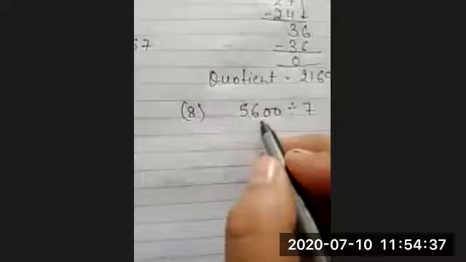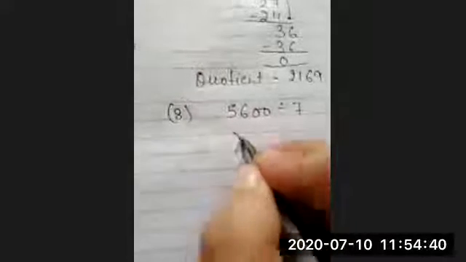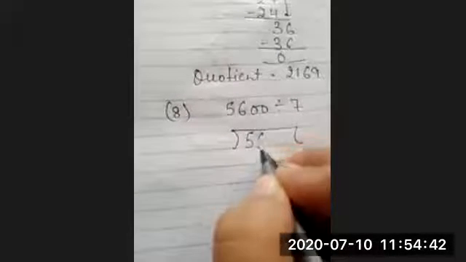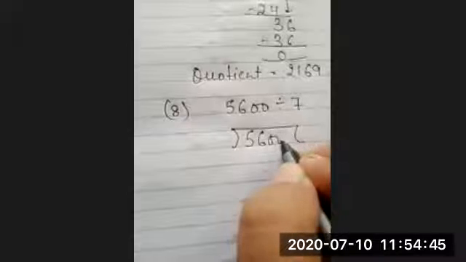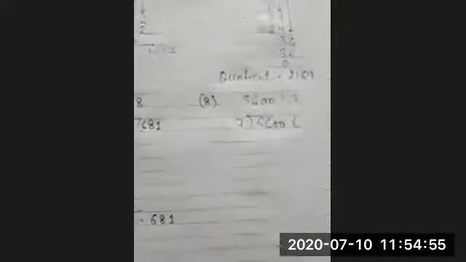Done, everyone? Let's do the next question, that is question number 8. Question number 8 is 5600 divided by 7. So 5600 is the dividend and 7 is the divisor. Now in the 7th table, 7 8s are 56. 56 minus 56 is 0.